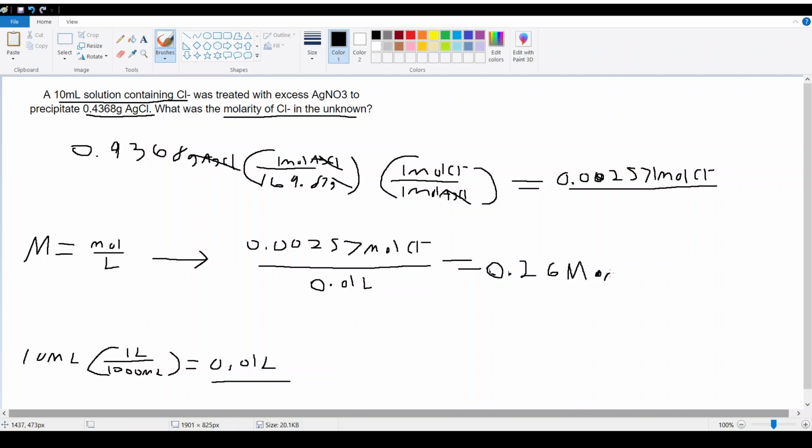Capital M stands for concentration, or moles over liters. Bam, so this is going to be our answer.